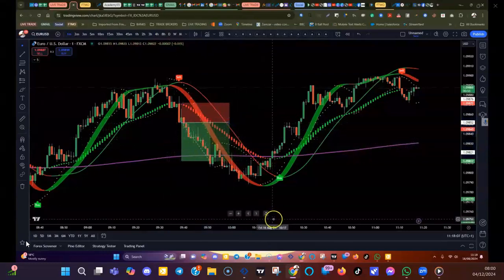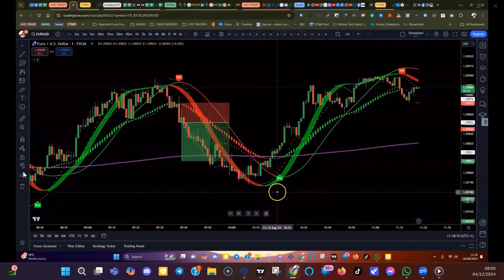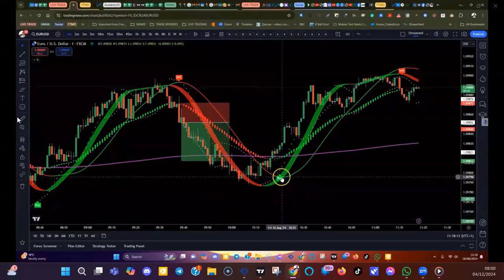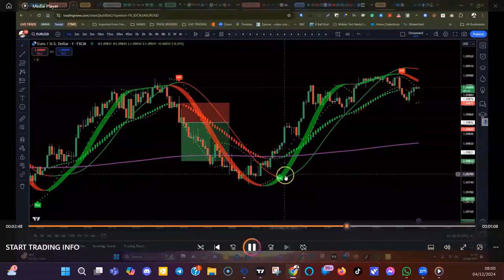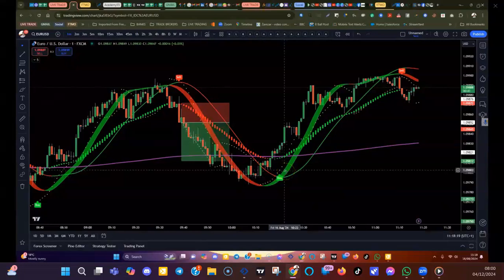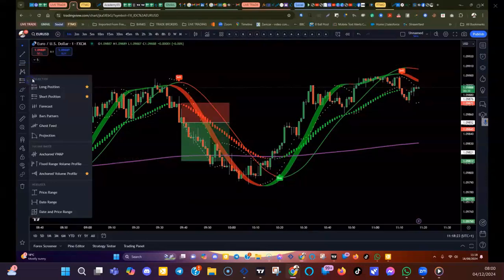And here we have the same situation, but for a buyer alert. So you get your buy alert. So you wait for the green trend line, the green volume ribbon, and the green wave. So all things are correct there.